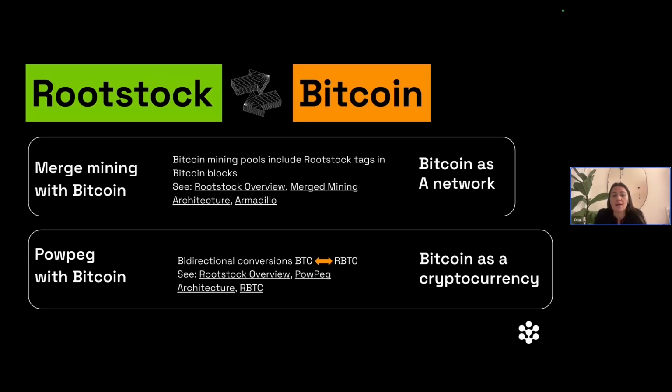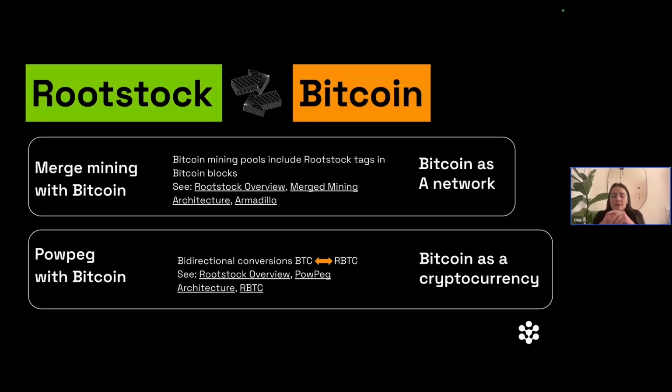So that's how it works. There's also something called Armadillo, which is a security mechanism. I'll develop on that a bit later. But you can find more information in the docs, the overview, merge mining, and more details about Armadillo.